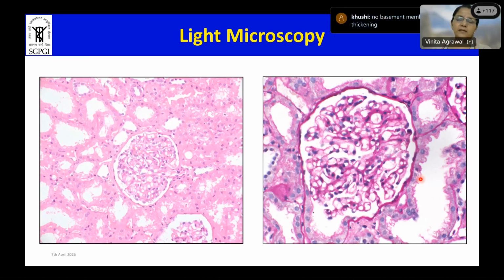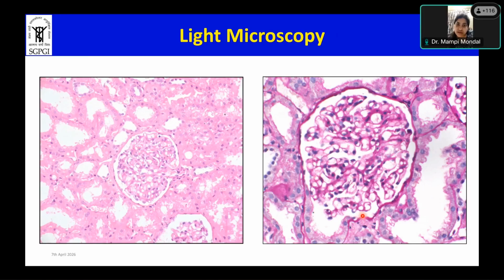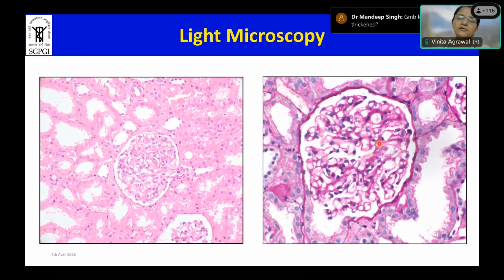Basement membrane doesn't appear thickened either. So on light microscopy, someone is saying the GBM appears thickened. We will look at the other case, maybe because it is PAS, but try to compare it with the Bowman's capsule also. Someone is saying it is a normal glomerulus. Good. So it is looking like a normal glomerulus.